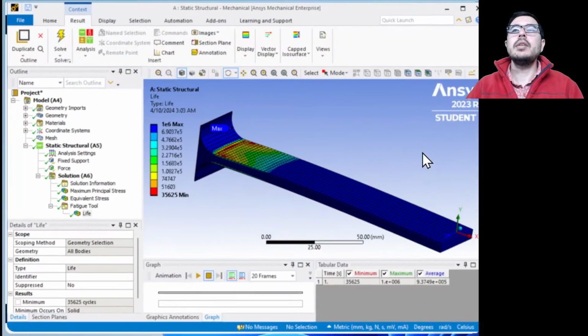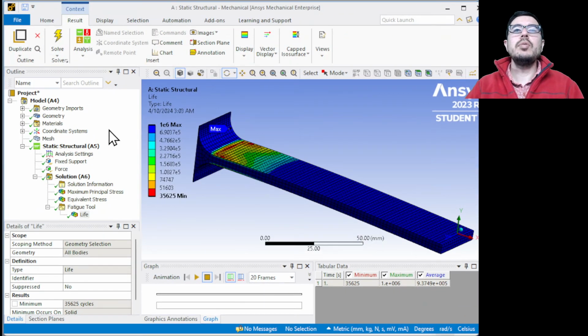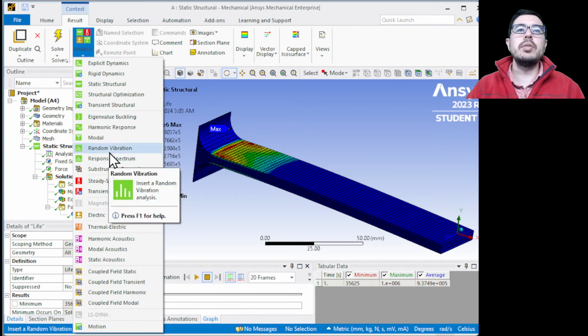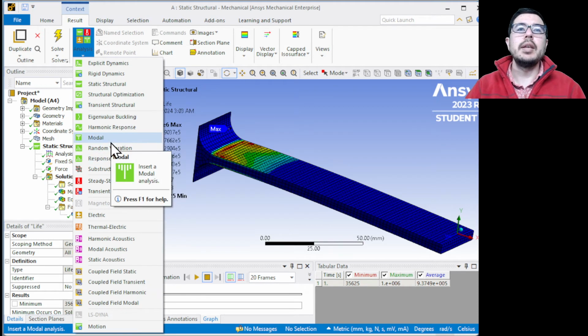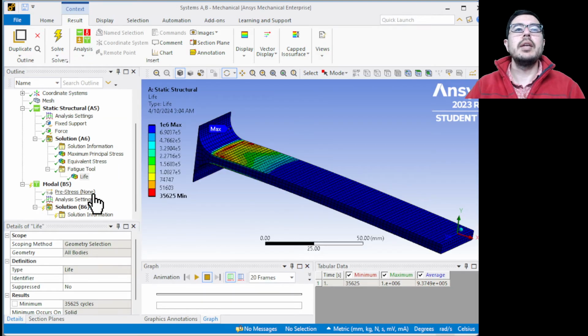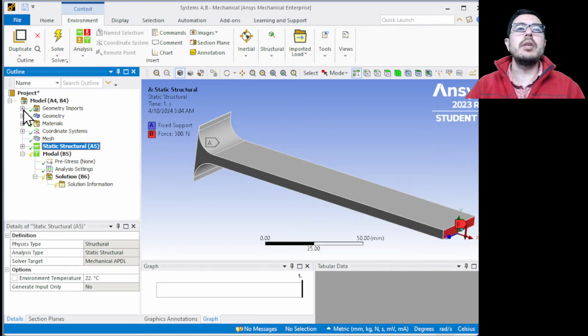So for this, you can go back to Workbench if you want, or you can do a console where you come over to the analysis, and we're going to insert the modal analysis right here. Notice it's often helpful to see where this leads to.